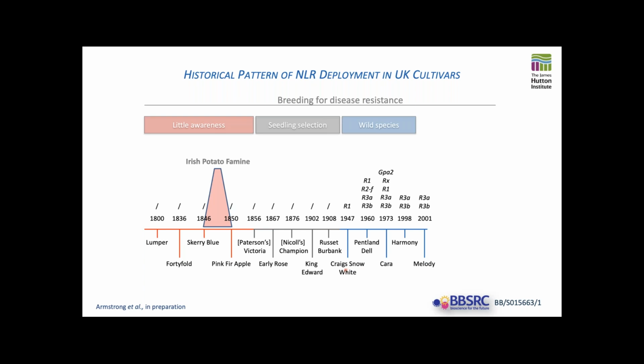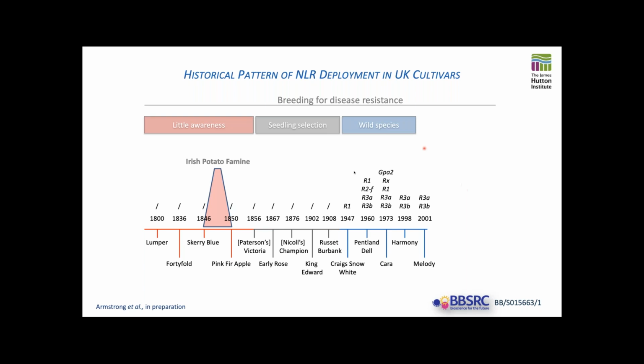And then, as I mentioned early on, the realization came that we can use wild species to integrate resistances, and we see this now after the 1930s. So we see in the 1940s here, we have the cultivar Craig Snow White that contains the late blight resistance gene R1. We see others that contain R1 or the R2 family or R3A and R3B.